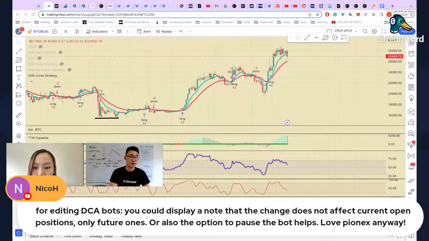Option to pause DCA bots, or option to edit it. Okay. Yeah, we love product suggestions.